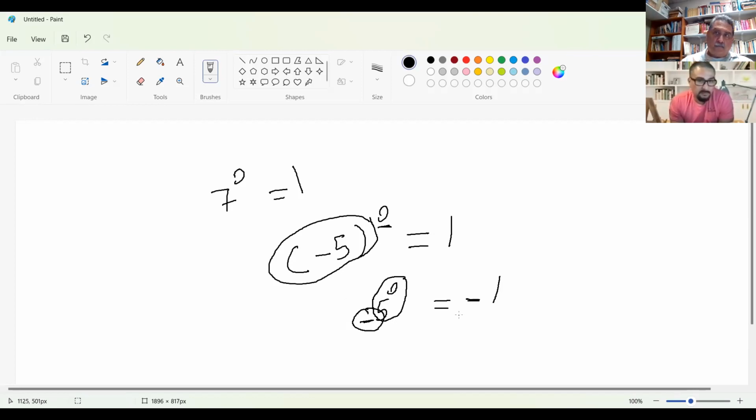You follow? Anytime we get a power of 0, it's always going to be 1, but be careful. Is the power for the whole thing, or only for the base? If it's like here, you've got to keep the minus sign, so it becomes minus 1. But when it's in parentheses, it applies to both.